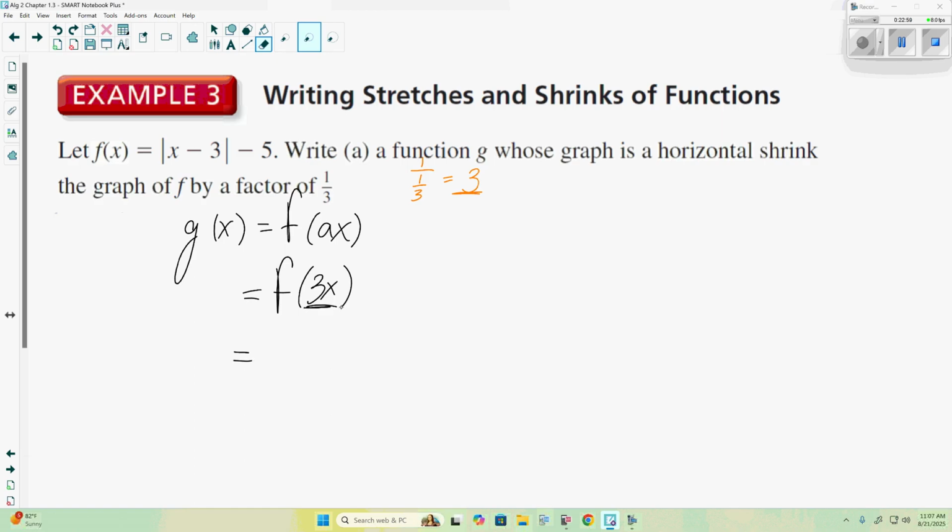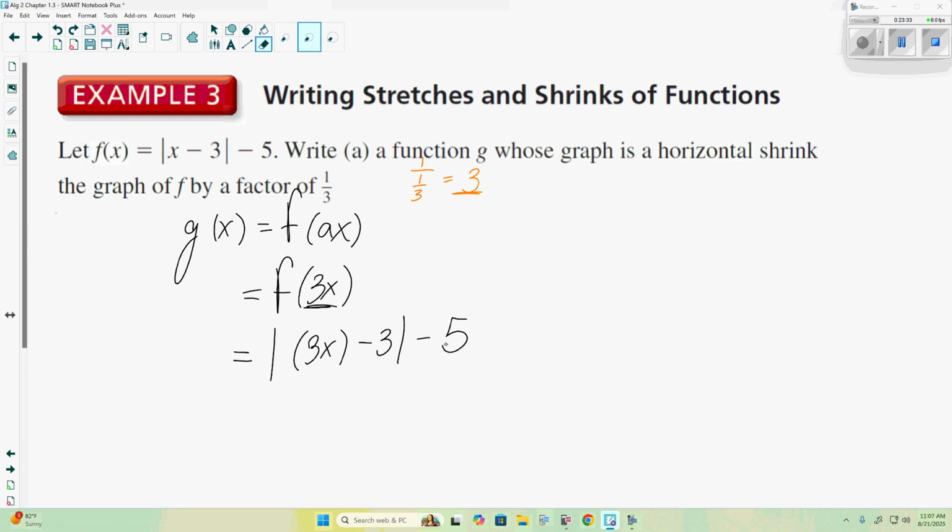Do we have x anymore? No. We've replaced the x with 3x. So that means every x in the function is also going to be replaced with 3x. I don't know if you noticed for this one, once we got it set up, this behaved very similar to how we did this step for reflection across the y-axis, yes?